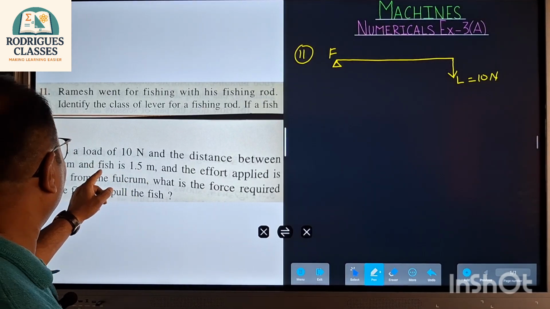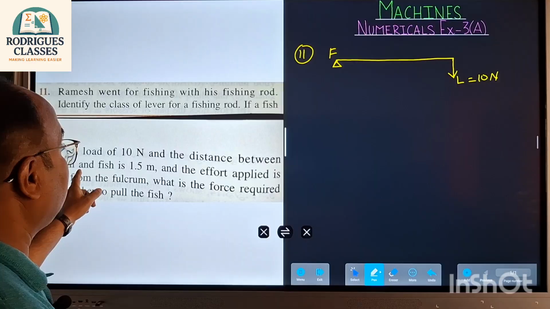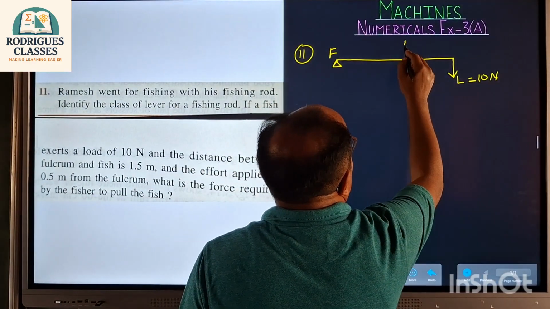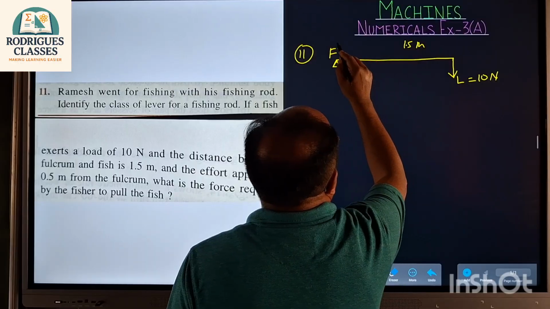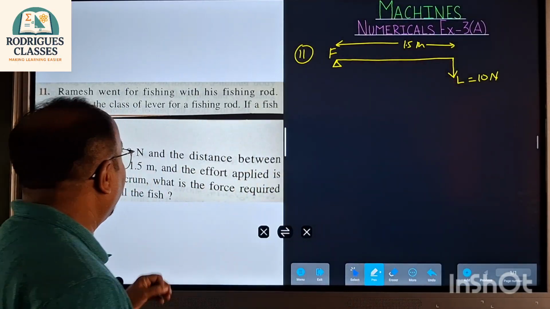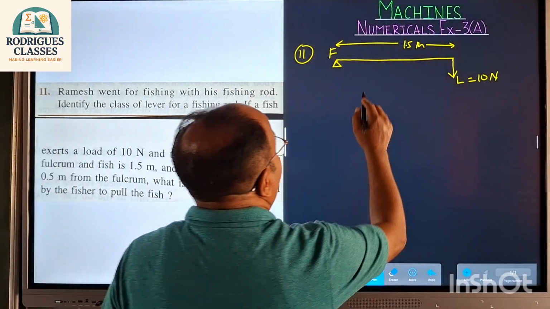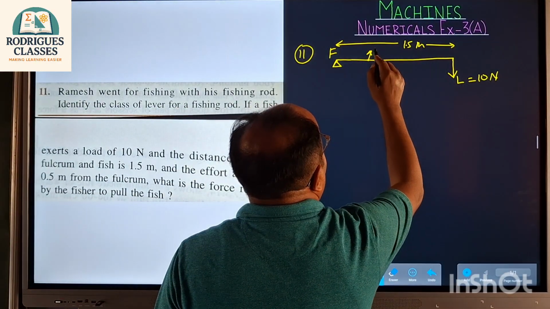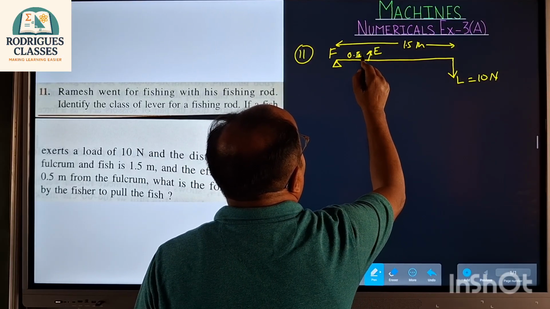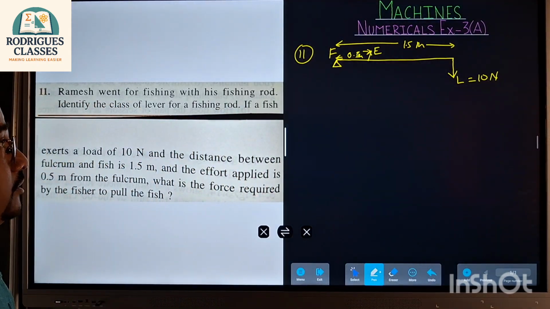It is told that the distance between the fulcrum and the fish is 1.5 meter. So this is 1.5 meter. Okay, and the effort applied is 0.5 meter from the fulcrum. So I will have to apply effort in the upward direction. This is given to us 0.5 meter. From here to here is 0.5 meter.